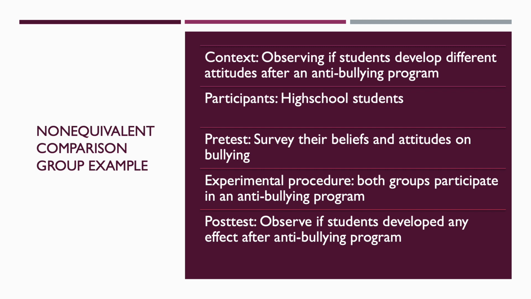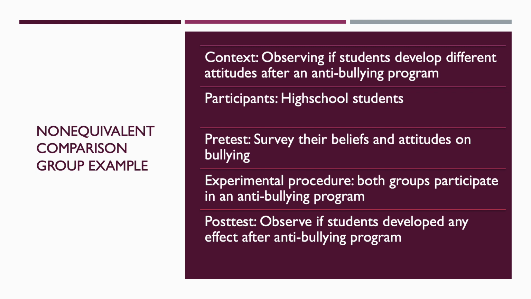An example of a non-equivalent comparison would be observing if students develop different attitudes after an anti-bullying program. So the researchers would implement an anti-bullying program to high school students. For the pre-test, the researchers would survey the students on their beliefs and attitudes on bullying.